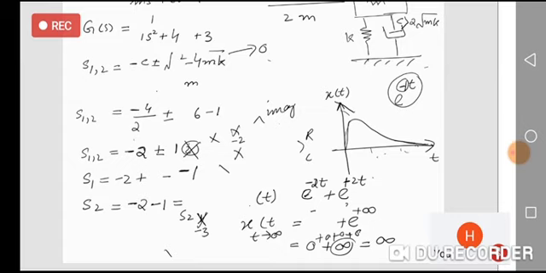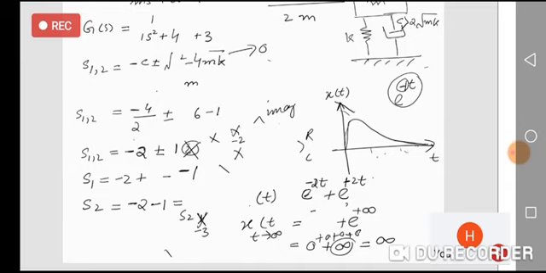The damping value is so high that the system barely reaches its final value without oscillation, but it takes more time than in the critically damped condition. That's why we call it an overdamped system. Students? Yes sir. ठीक है? It's clear now. Yes.